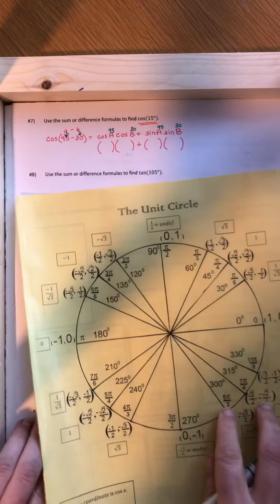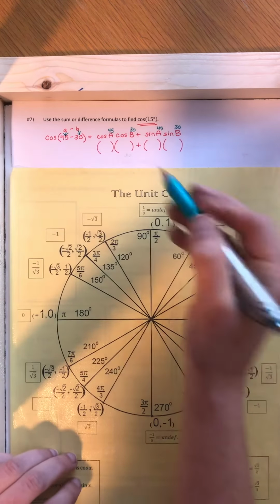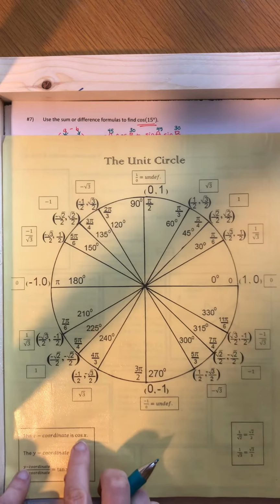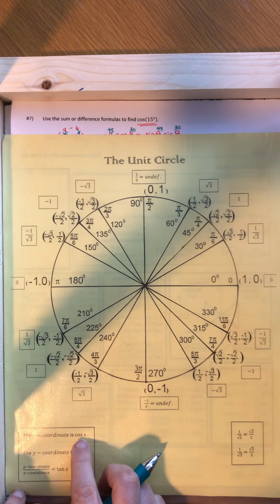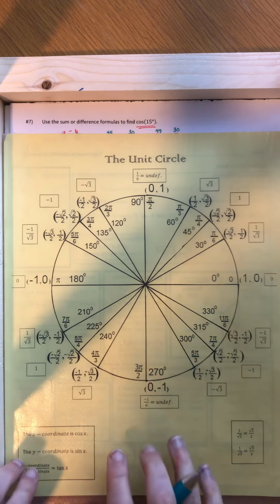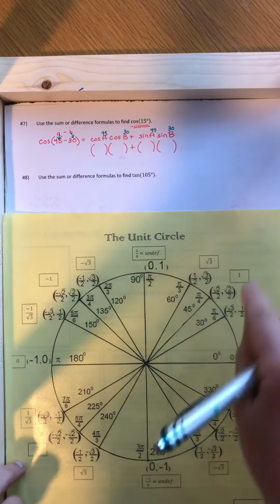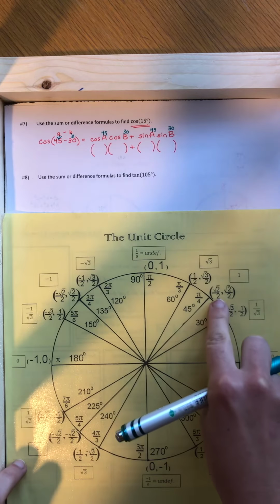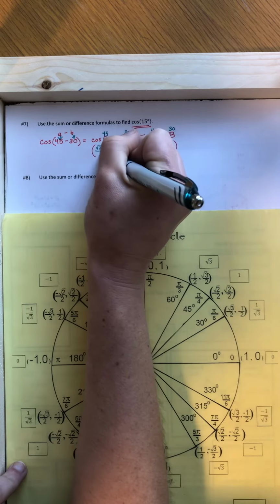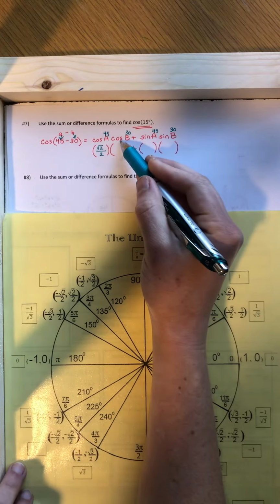We're going to use our unit circle. So what is the cosine of 45? Well, cosine, it tells us, is the x-coordinate. It tells us right down here in this box. So what is the x-coordinate at 45 degrees? Well, it's the square root of 2 over 2. Cosine again is the x-coordinate.